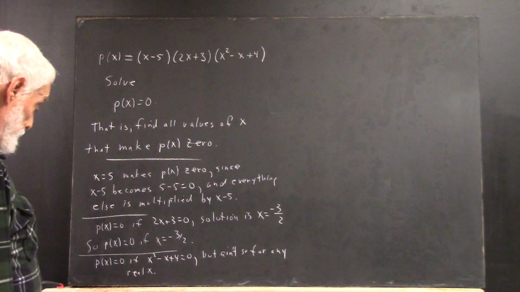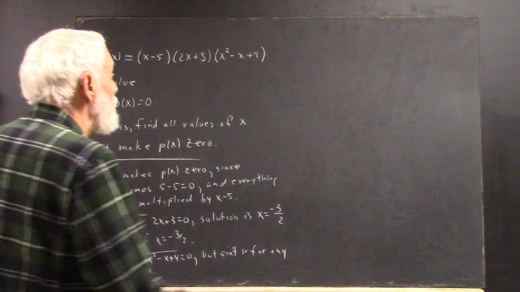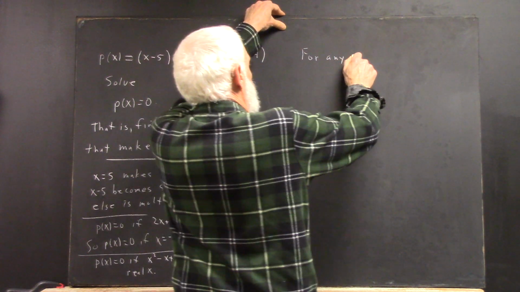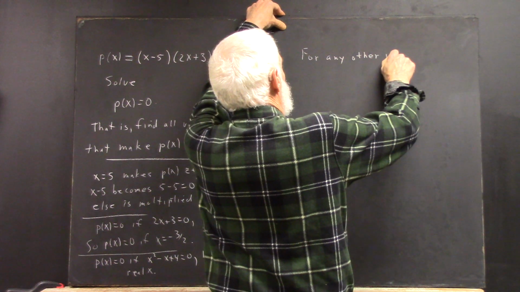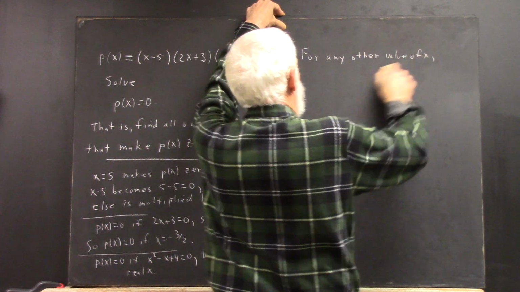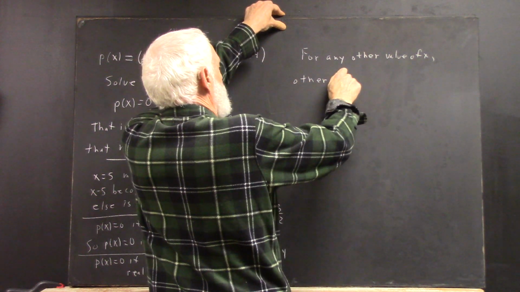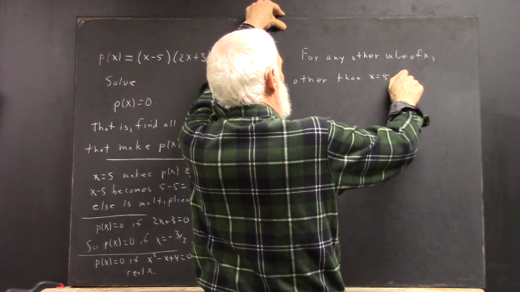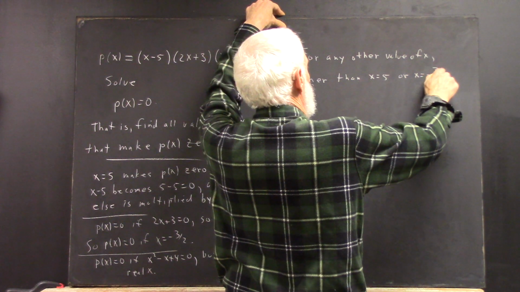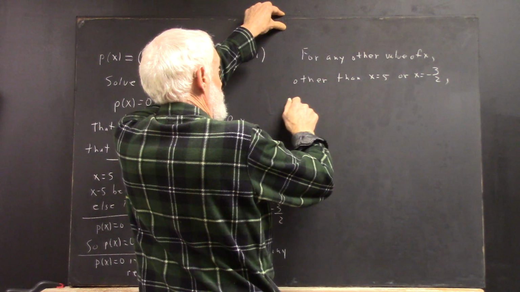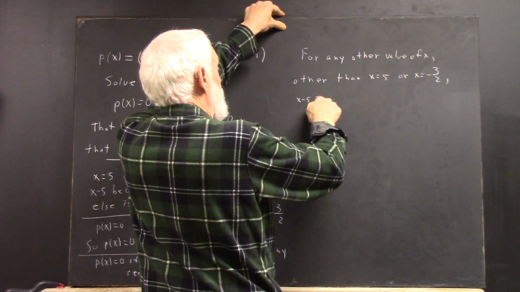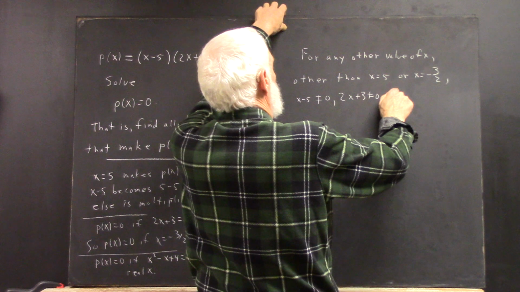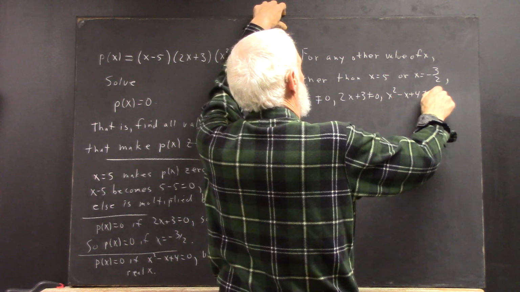Now, for any other value of x, let's be more specific, other than x equals 5 or x equals -3/2, x minus 5 is not 0, 2x plus 3 is not 0, and x squared minus x plus 4 is not 0.